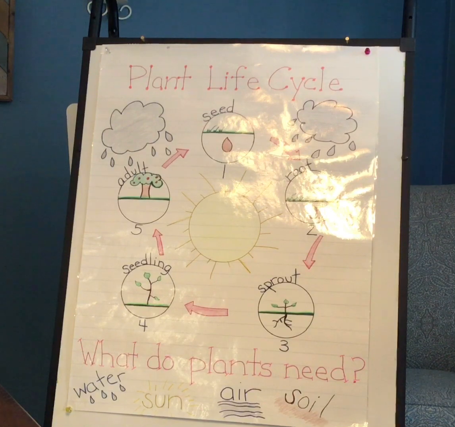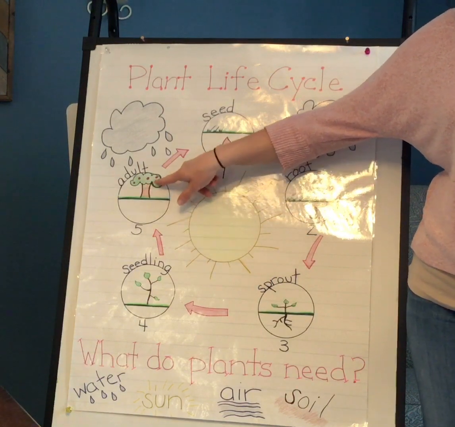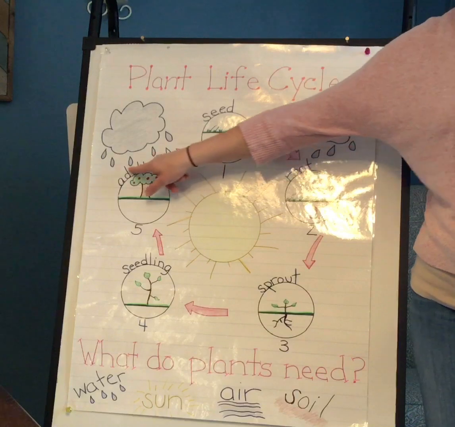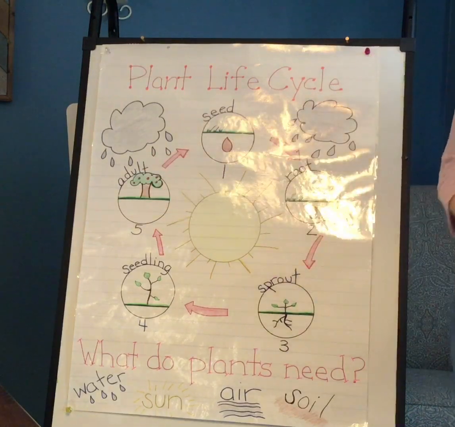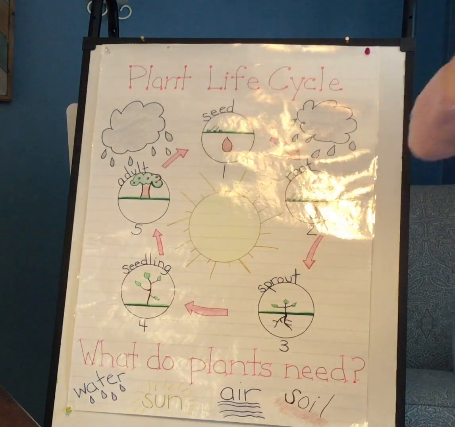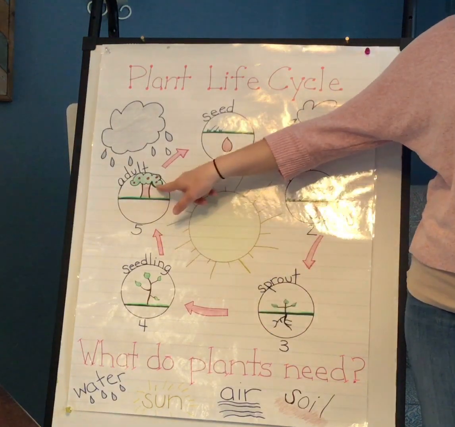We can kind of think of it like a baby plant at this point. Then finally, that seedling grows and grows and grows some more into an adult, and we have got an adult plant for the final step of the life cycle. And that is the whole circle of how a plant comes from a seed all the way to an adult.